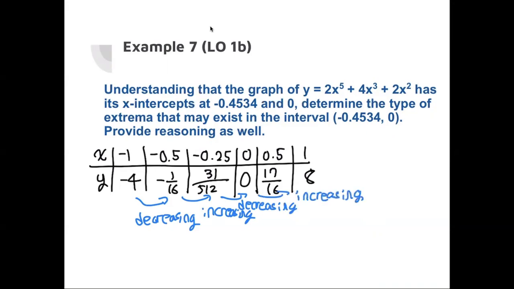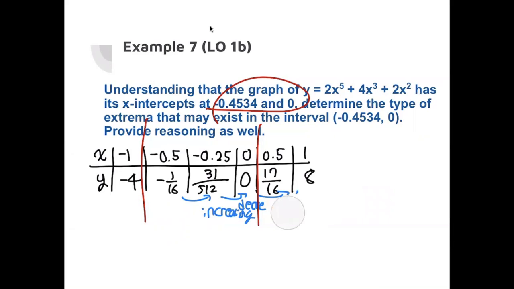But we just have to look at this interval, right? Because if you only look into this interval, guys, it switches from increasing to decreasing, right?